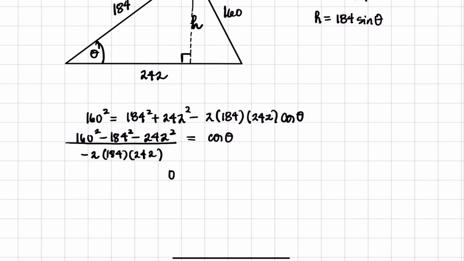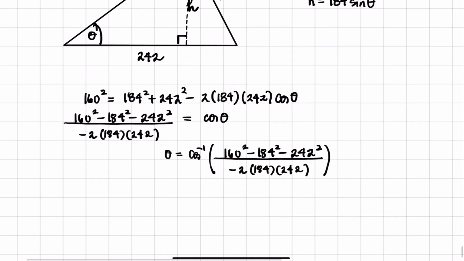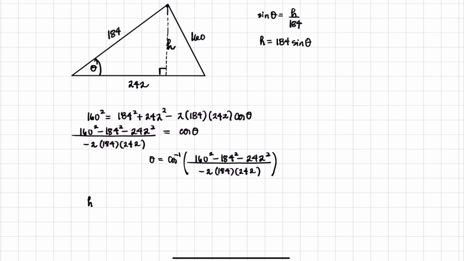So ang theta natin ay cosine inverse ng kung ano man tong thing na to. Okay? So kopyahin ko na lang. So ang h mo is 184 sine theta. But theta is this one. Okay, number lang yan. Huwag kayo matatakot.